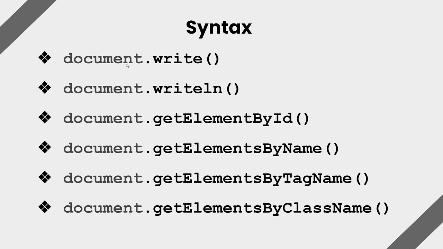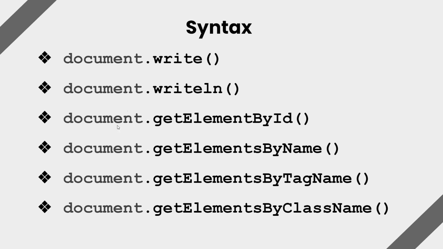And for the next method, which is writeln, we also have the document object attached to it. This syntax can be used to output content on the HTML page, but the difference with this one is that it outputs the content on a new line.